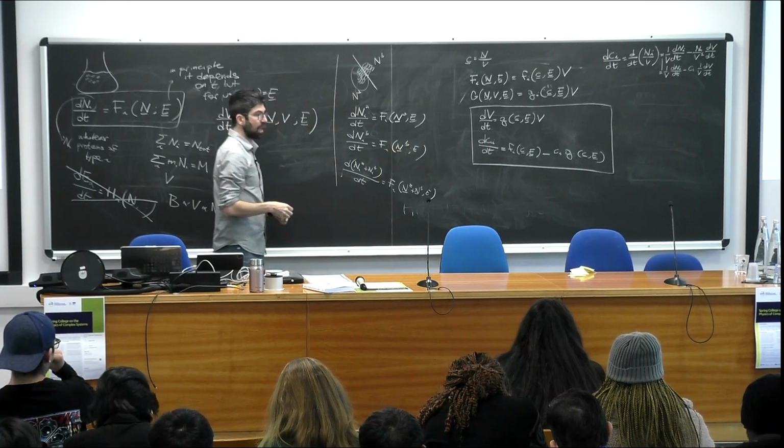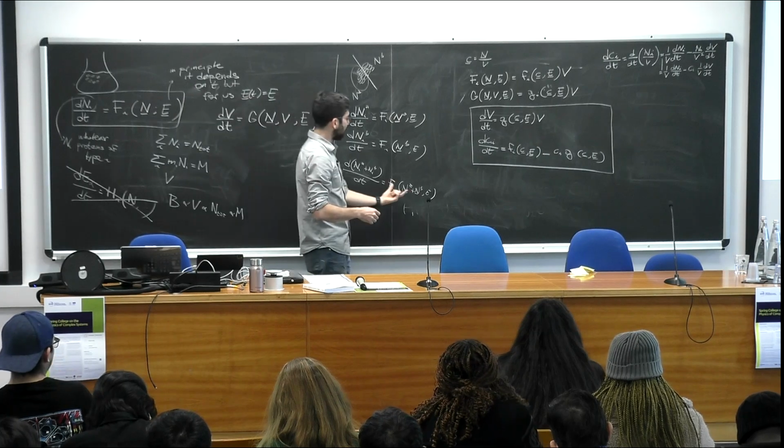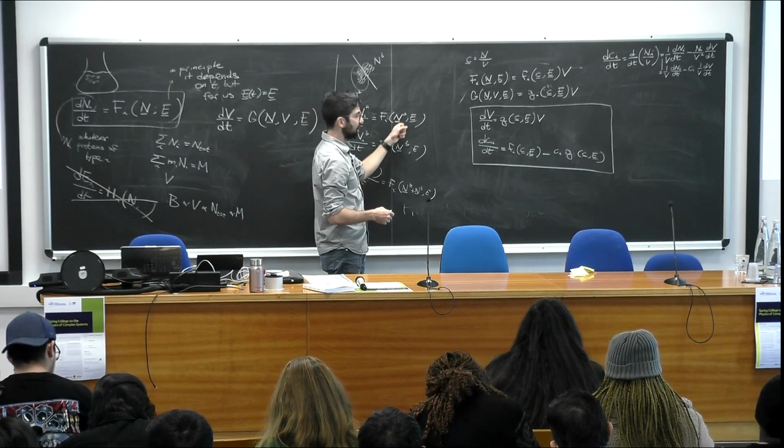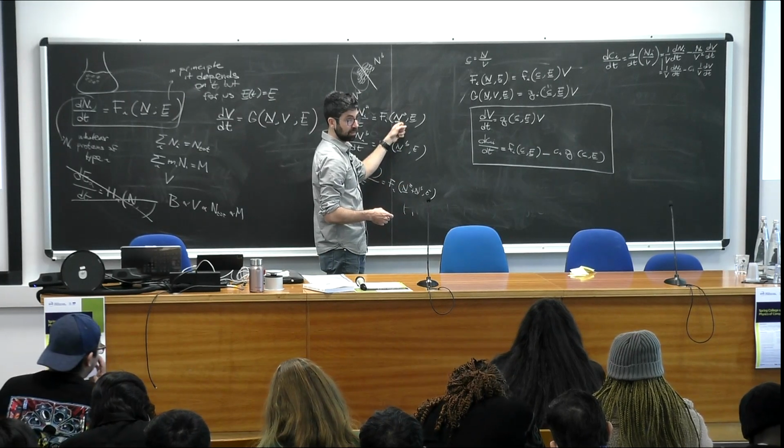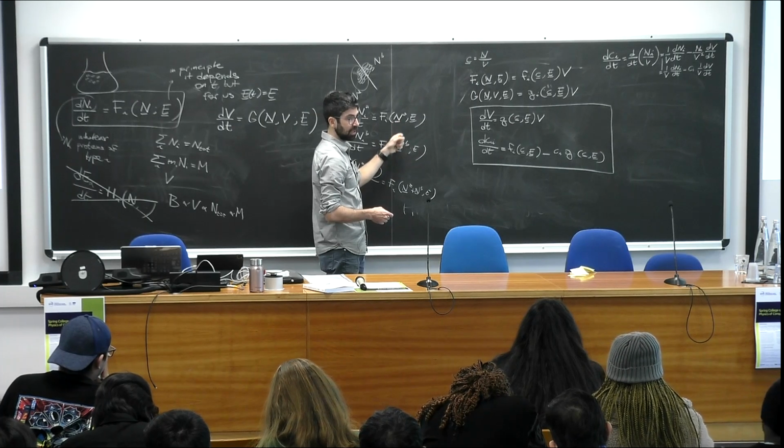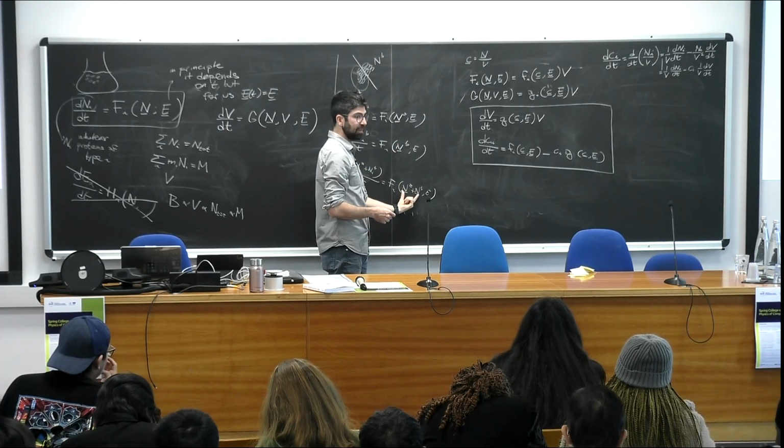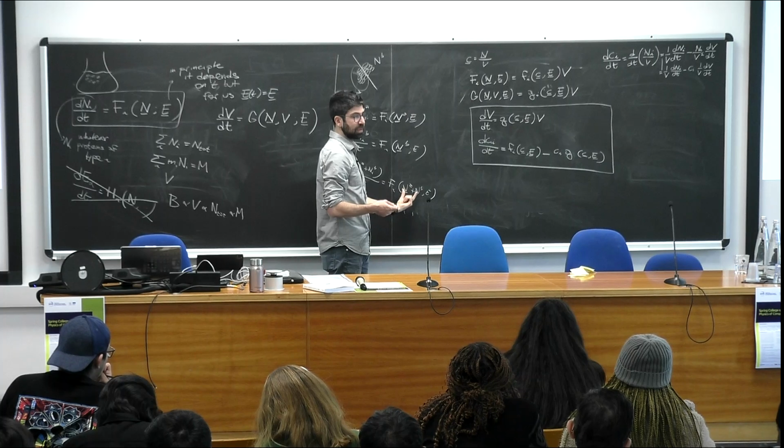Okay. And so basically, if the volume scales, it means that the concentration here and the concentration here are the same. So when I sum them, I sum the concentration times the volume, which equals the total volume.